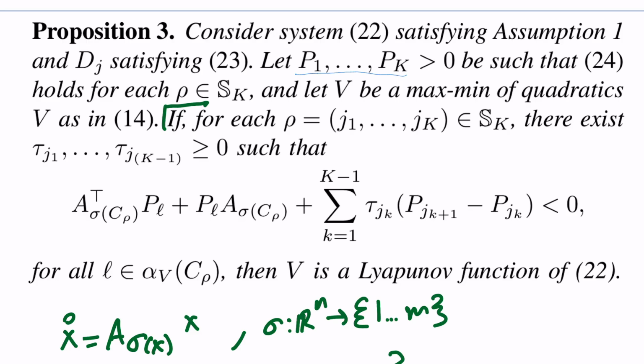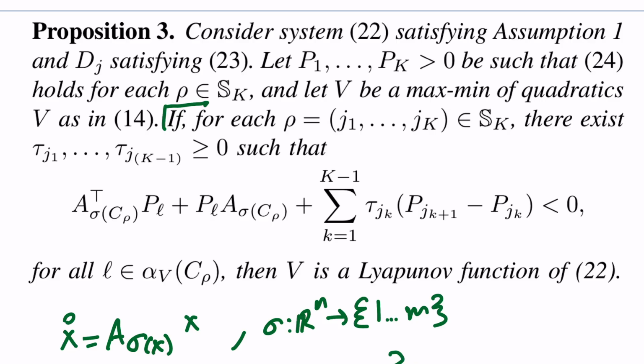And for a given rho, immediately you look at C rho, right? And in that region, you look at which V functions are active.